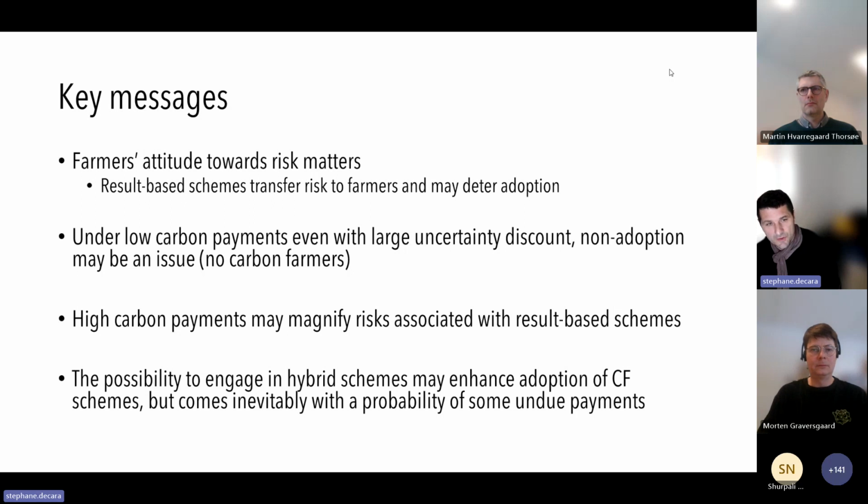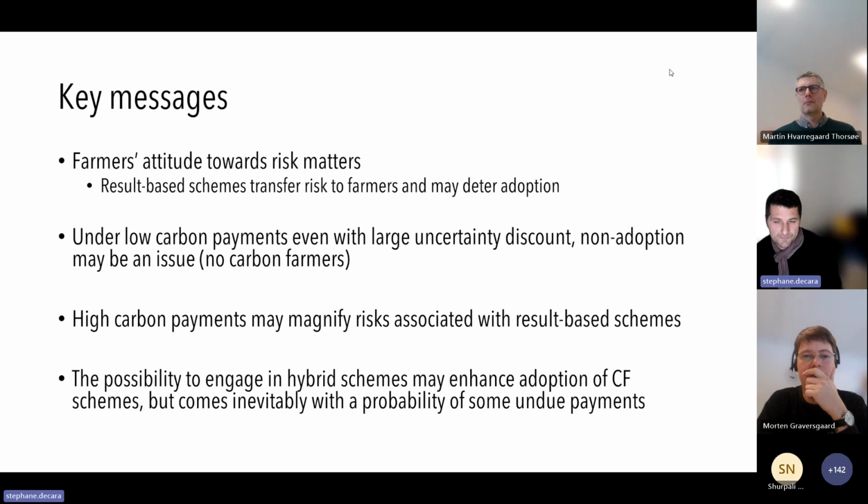And the last key message I want to convey is that opening the possibility for farmers to choose between hybrid schemes may enhance the adoption of carbon farming schemes.